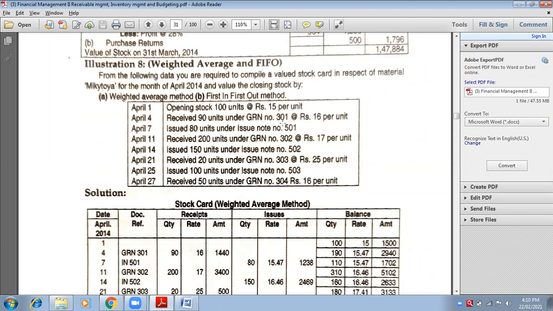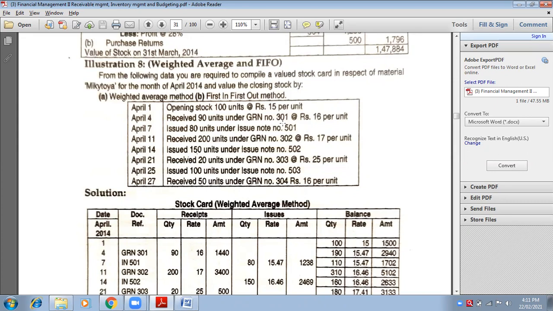Okay. Now see, April 7. On the 7th, 80 units were issued. So now you have to check. There are two slots of units you have, 100 and 90. From which slot do we have to take first? From the 100 slot, because the first in first out method is there. So 100 is our first in.